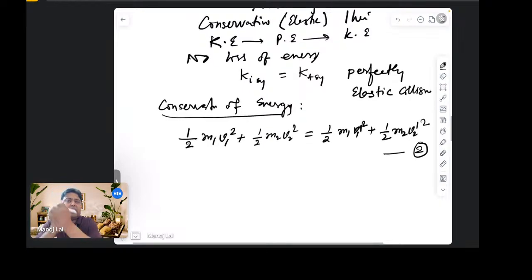But now let us think of a different situation in which the kinetic energy is not conserved. It depends on the material of the body.